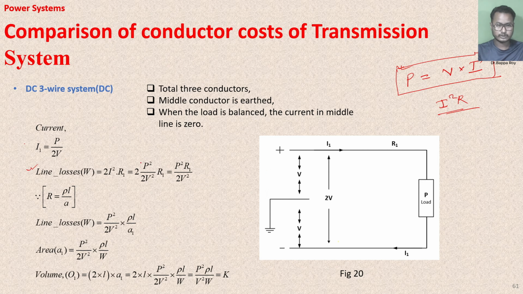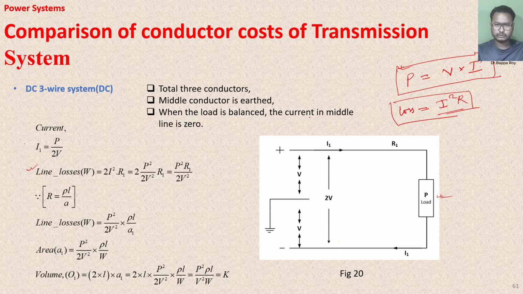So 2I square R1, because I1 passes through both conductors. The load power P is the same for all the wires, since we are comparing the three systems. Line loss we denote with W, so W is 2I square R1. This is the loss calculation.